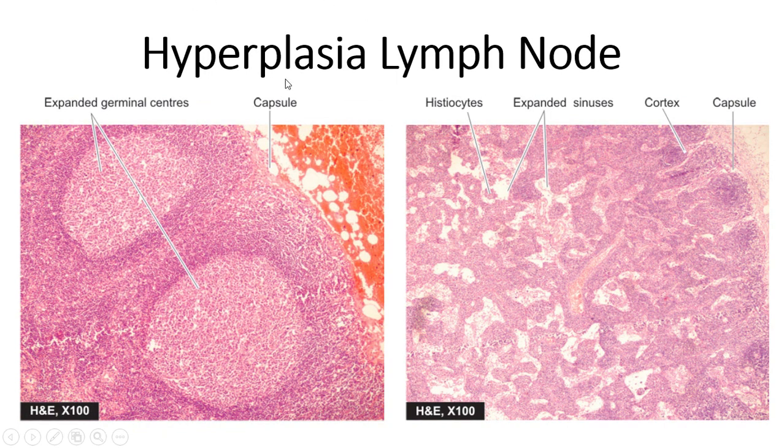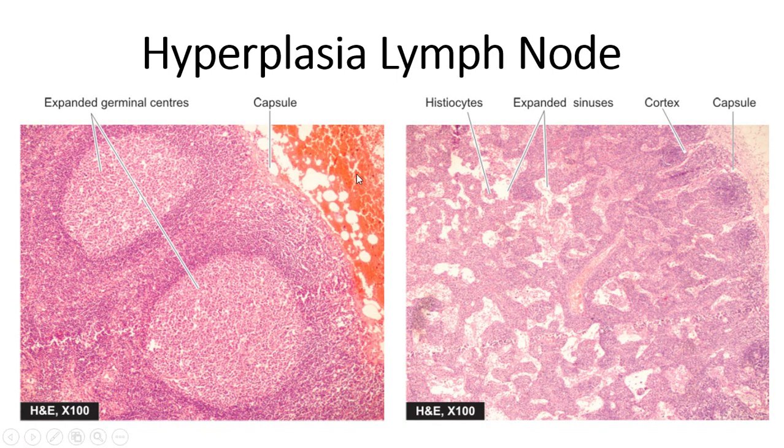of hyperplastic lymph nodes. Okay, for example, here are the follicles of the lymph nodes. As you learned in histology before, the lymph node is composed of two compartments. First, the superficial or outer part, we call the cortex.